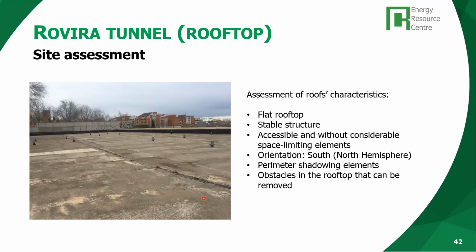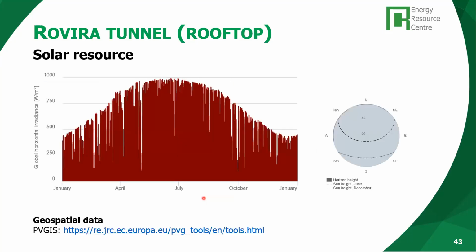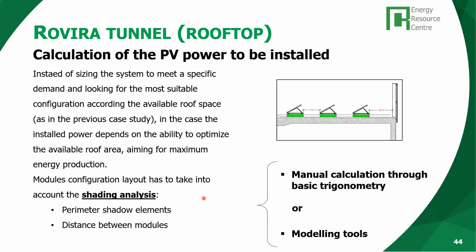No big obstacles, so good availability of space for the consideration of PV modules here. Again, the solar resource had to be checked and properly reported in our engineering design, and the calculation of the PV power.